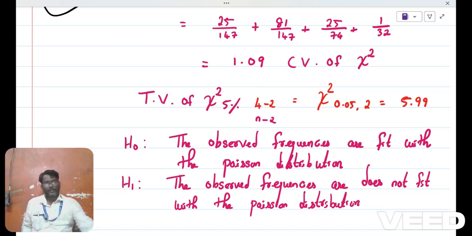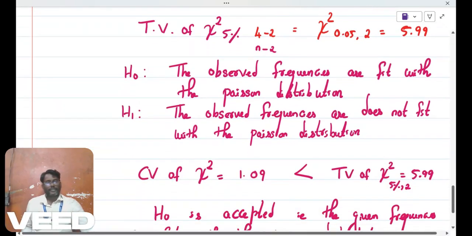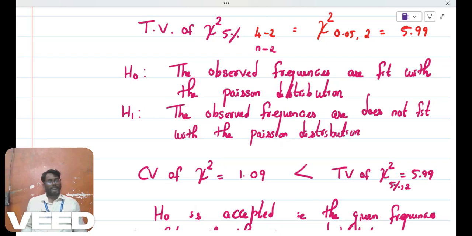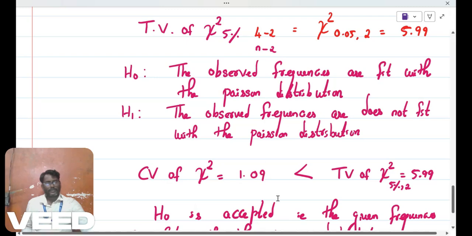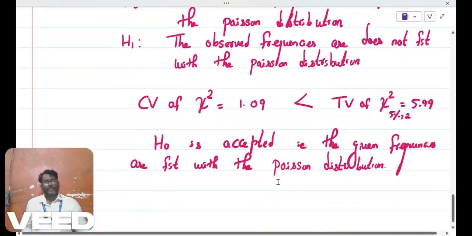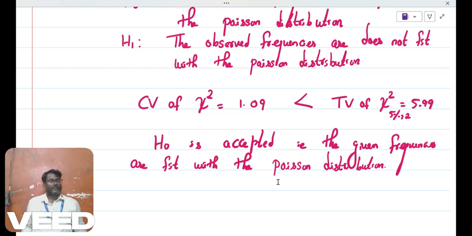Now for the conclusion part, before that we have to set the hypothesis. H naught: the observed frequencies fit the Poisson distribution, and the alternative: the observed frequencies do not fit the Poisson distribution. Now we are at the stage to do the conclusion. We compare the calculated value of chi-square and the table value of chi-square for the 5% level of significance with 2 degrees of freedom.